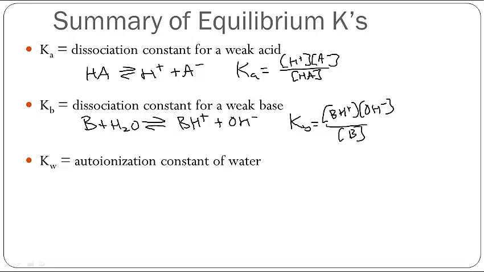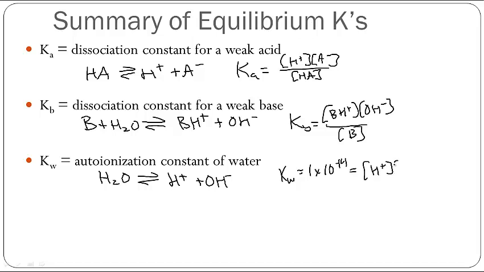This one comes up a lot in problem set 19, where we have H2O equals H plus OH minus, and Kw equals 1 times 10 to the minus 14th equals the concentration of H plus times the concentration of OH minus. You'll find that you'll use this. Actually, what you'll use a lot in problem set 19 is the inverse of this, which is 1 over Kw. You'll see when you get there.